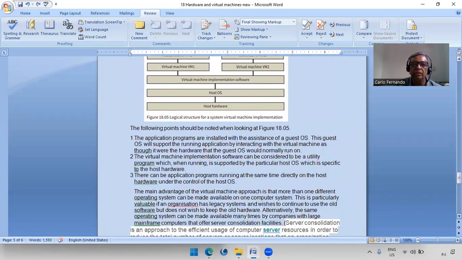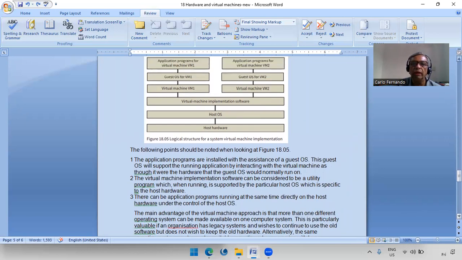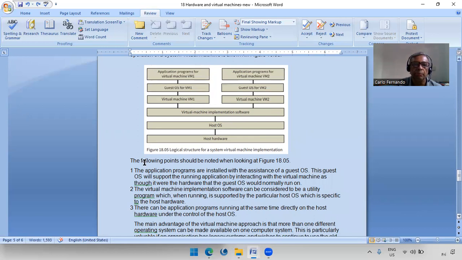The following points should be noted when looking at figure 18.01. The application programs are installed with the assistance of a guest OS. The application programs, where are they? Right on top. The applications that you use have to be installed with the assistance of a guest OS.